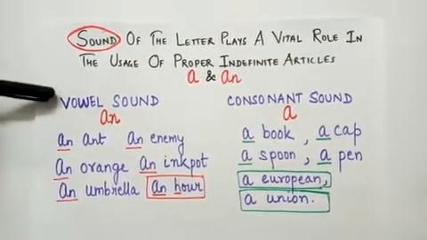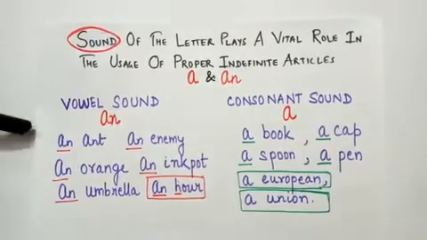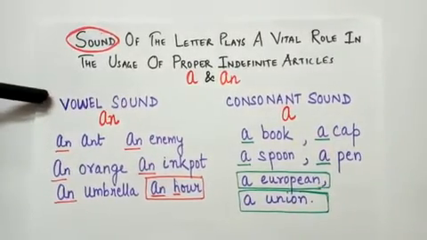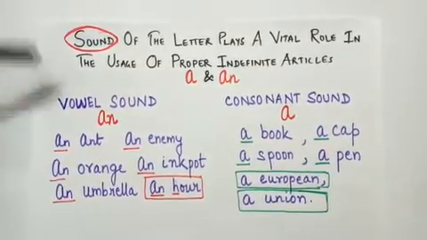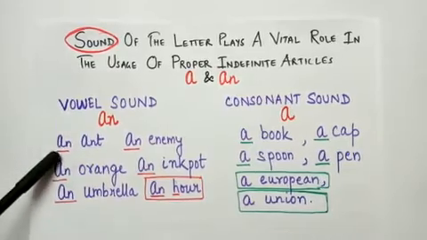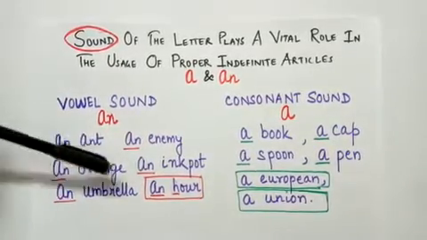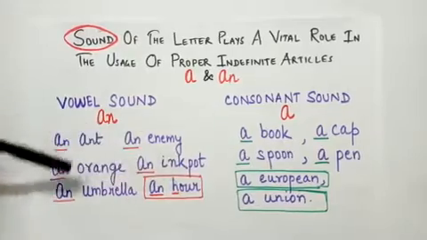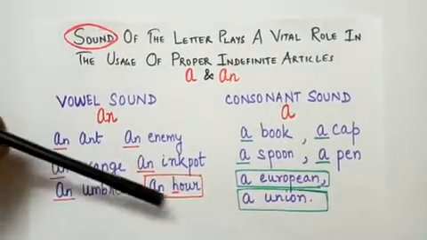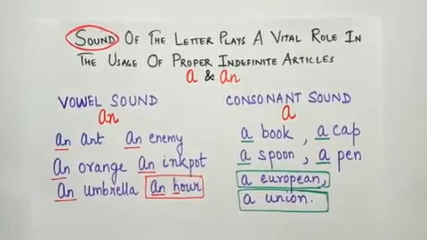Now let us take the example of vowel sounds. The vowels are A, E, I, O, U. Here, an ant, an enemy, an orange, an inkpot, an umbrella, an hour.